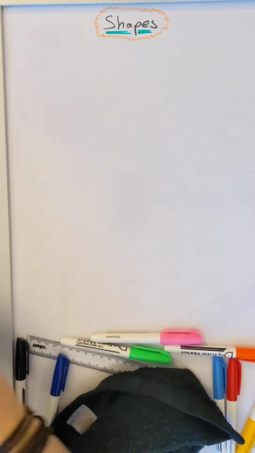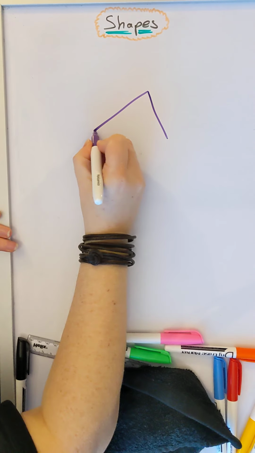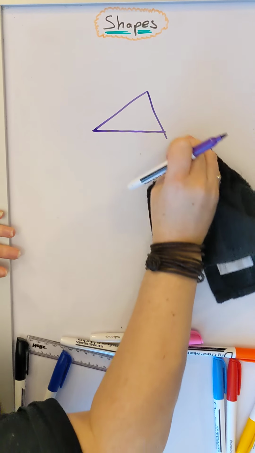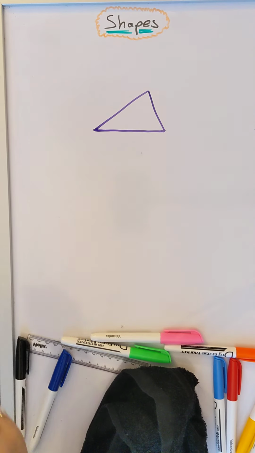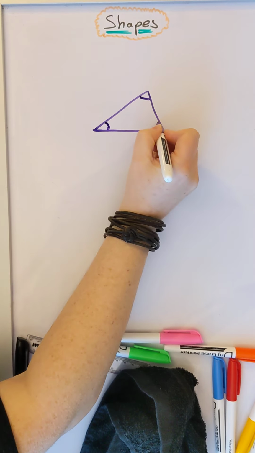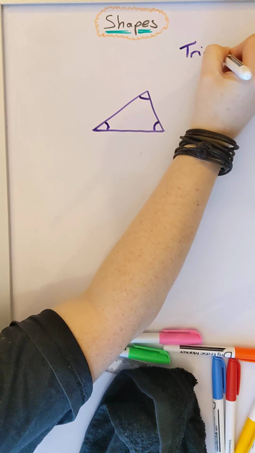So let us start off with a triangle. Okay, just any bog standard triangle. You know that the angles inside a triangle add up to 180 degrees.